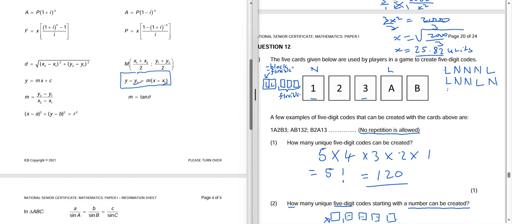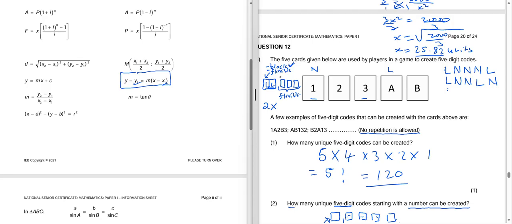Now, for the first part, we need to take into account that we have formed a block. Forming a block, what does that mean? It means we have two letters. Either you start with A first and then B second, or you start with B first and then A second. So how many ways can we form that block? There are two ways of forming that. So that is 2 times.